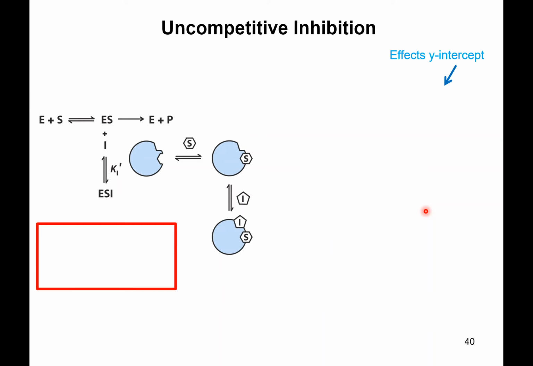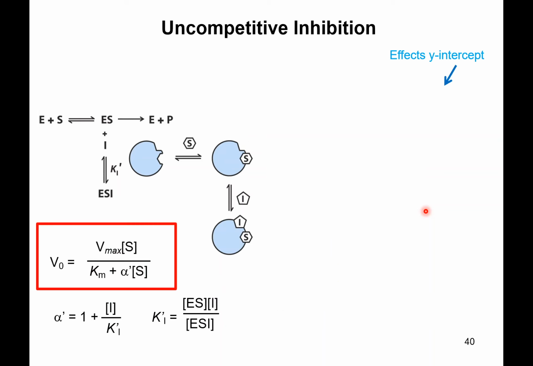What that does in reality, when you do the algebra on that, you get this expression where it's Vmax times substrate concentration divided by Km plus alpha prime times substrate concentration. So this is our altered Michaelis-Menten equation for uncompetitive inhibition.